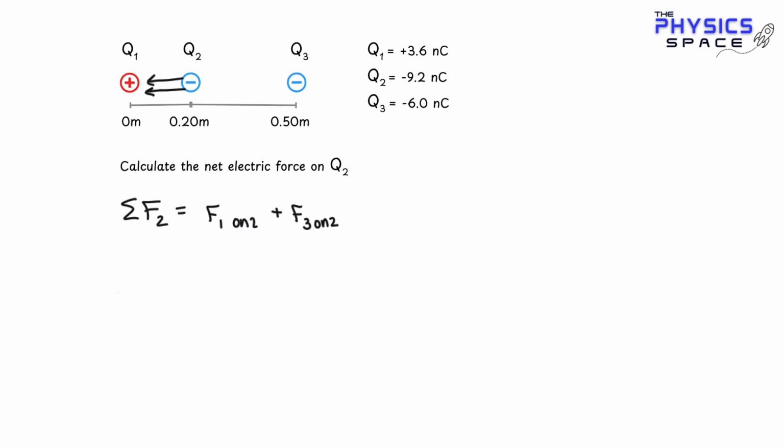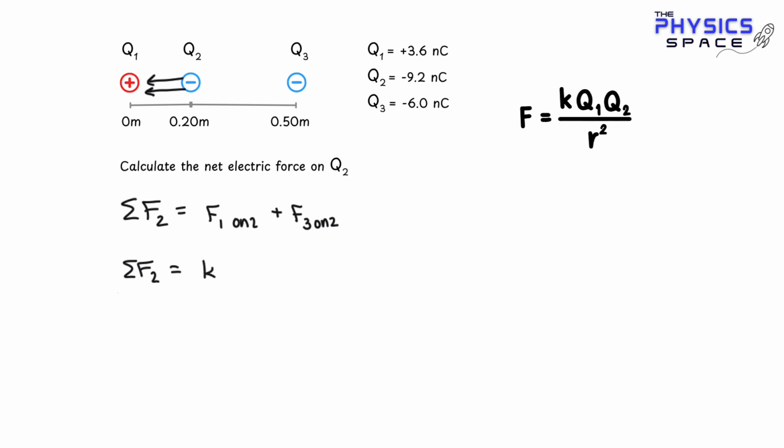So once we've written our net force equation here, we're going to use the Coulomb's law equation to write an expression that we're going to then solve to find this net force. So for the net force on 2, we have the force 1 on 2.